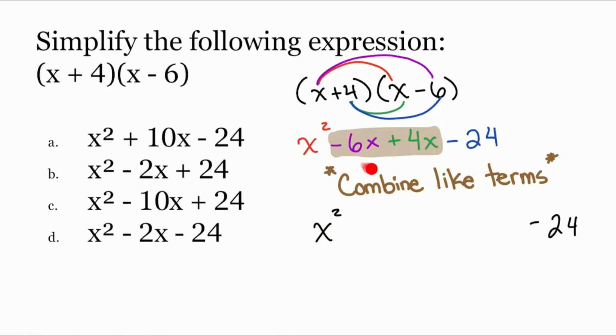But negative 6 plus 4, if you go the opposite way, it's still 2, but it's a negative 2x. My party people, does that help? Does that make a little bit of sense? And does the overall answer here make sense to you? Let's put that all together. x squared minus 2x minus 24. And the correct answer here will end up being answer choice D.